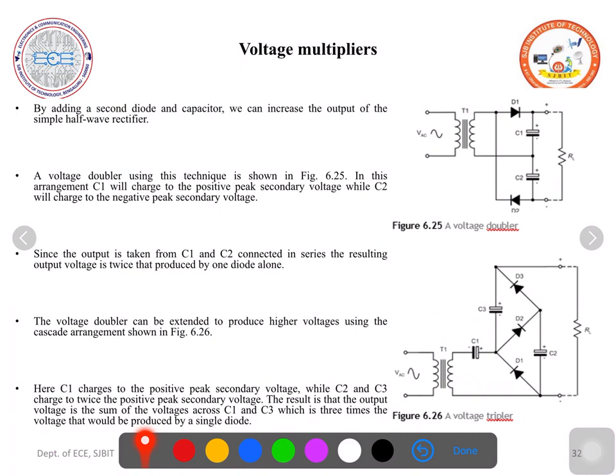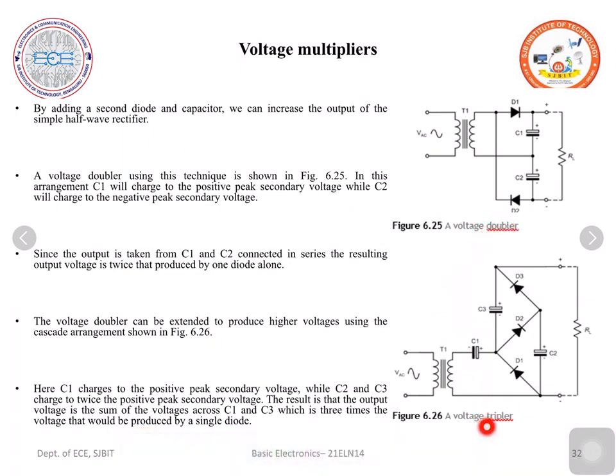Sometimes we need higher DC voltages. Whenever you are converting AC to DC, sometimes we need higher voltages: 2 Vm, 3 Vm, 4 Vm, 5 Vm, 6 Vm, etc. How can we get this? Here we will go for the voltage doubler and voltage tripler.